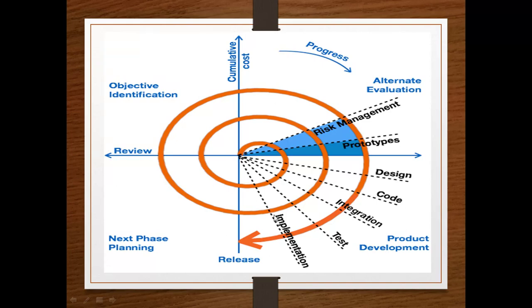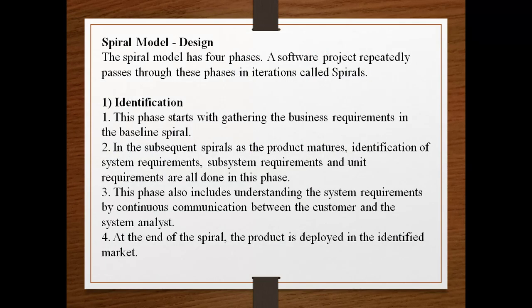And this is review, release, cumulative cost, alternative evaluation. Your risk management, prototyping, design, code, integration, test, implementation is done. And if you see these spirals, these are very close to the axis, so risk analysis is done and it reduces your risk in the software development life cycle.